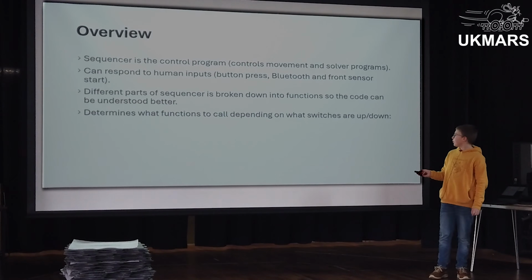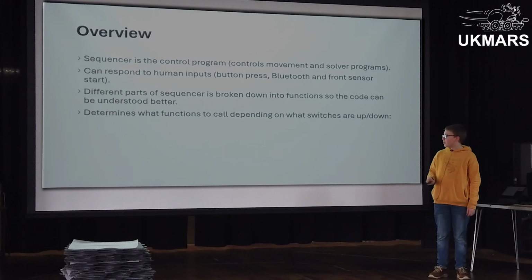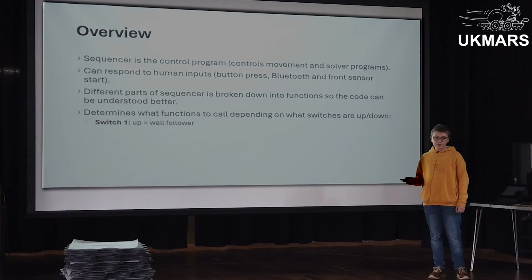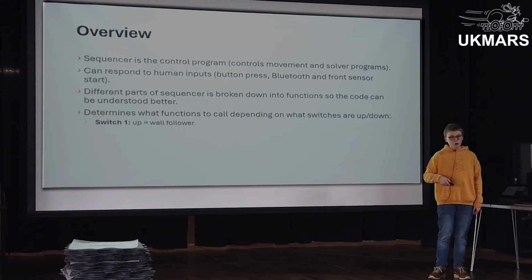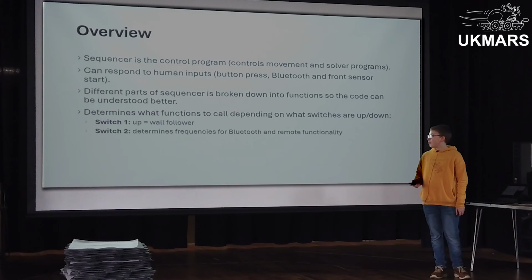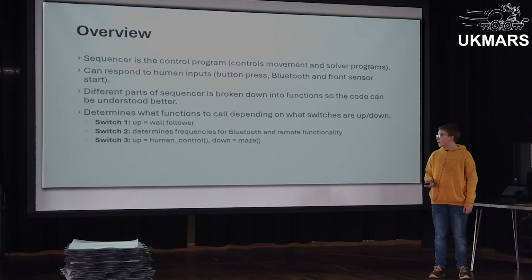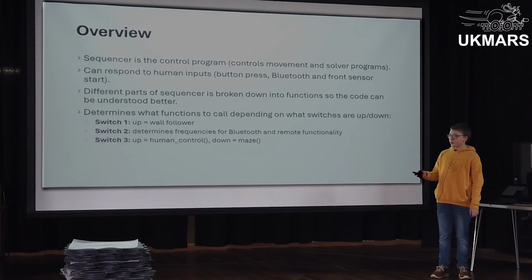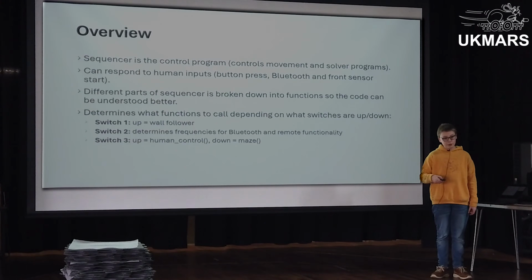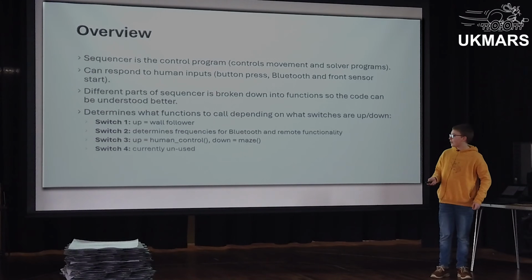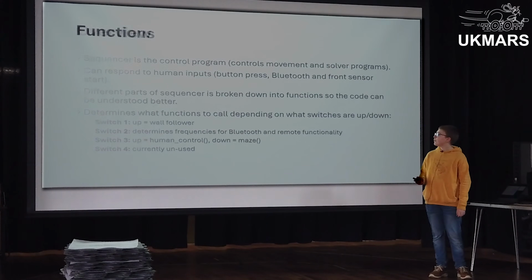To determine what functions to call, we use our digital switches. Switch 1 determines if we're in wall follower or maze solver mode. Switch 2 determines frequencies for Bluetooth or remote functionality. Switch 3 decides if we're using the solver or the human to control the robot. And switch 4 is currently unused.